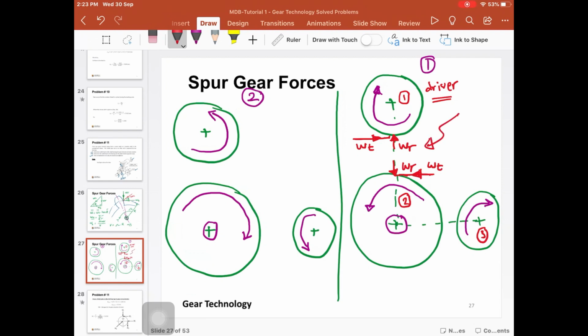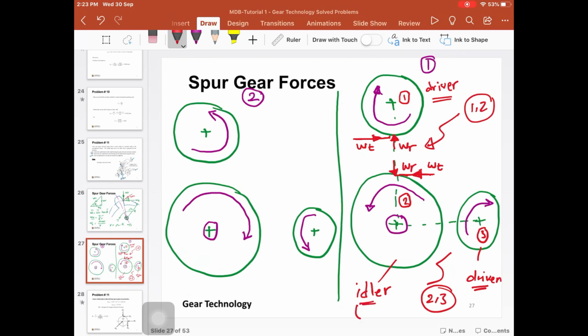Now I'm going to consider 2 and 3, where 2 drives 3. I'm going to remove this to avoid confusion. So 2, the idler, drives 3. Gear 3 is the driven gear, and the idler gear is the driver when we consider 2 and 3.